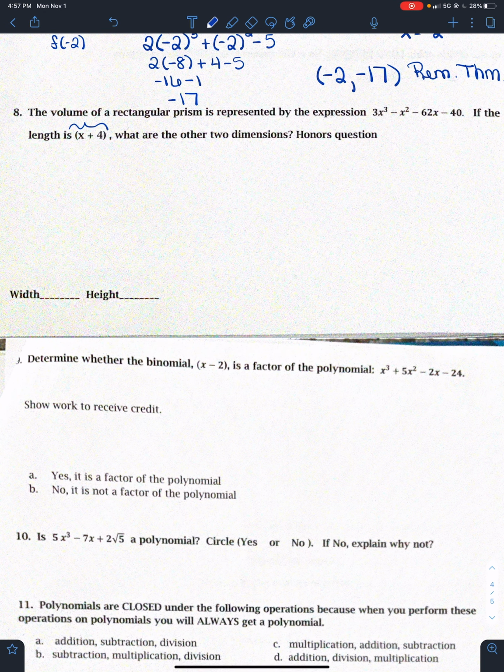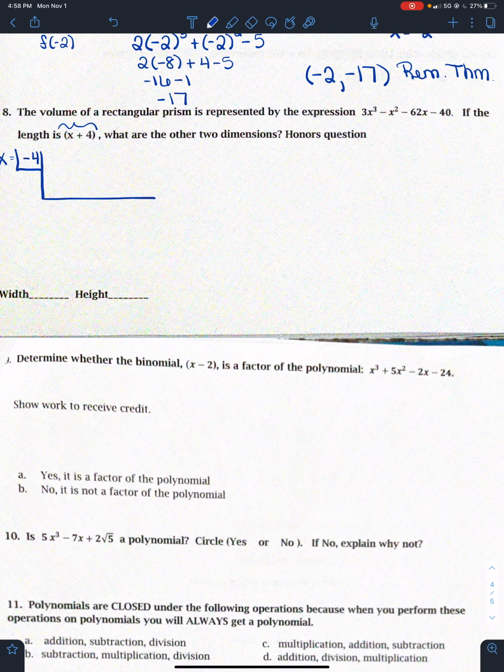They didn't ask me to pick one or the other, so I'm going to go ahead and go with synthetic division on this one. Okay. So we've got x equals -4. That's our factor. Okay, so that's our first solution is going to be x plus 4. We're trying to find the other two factors.